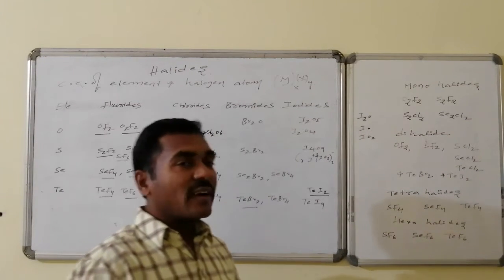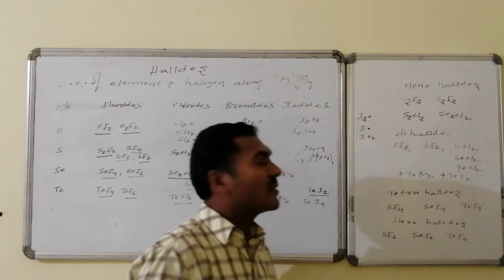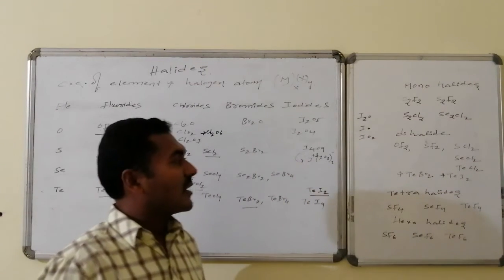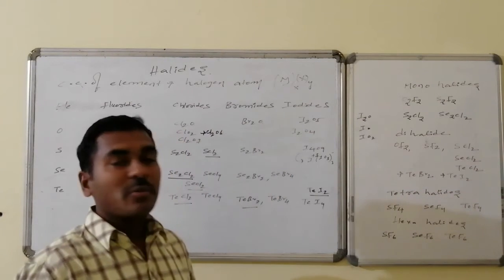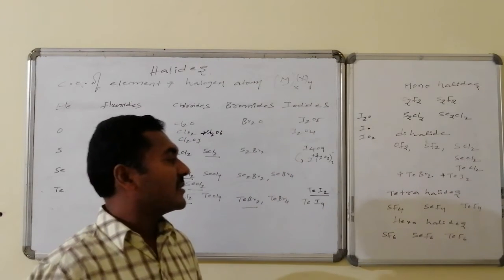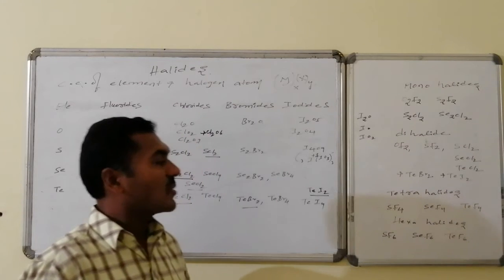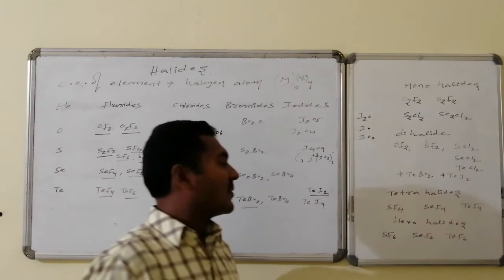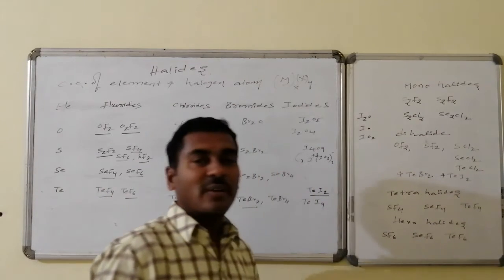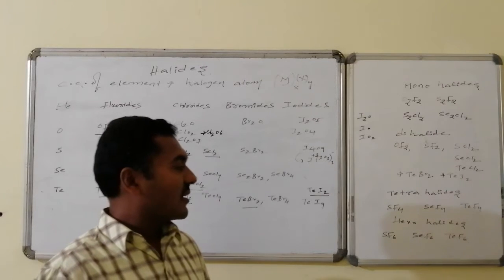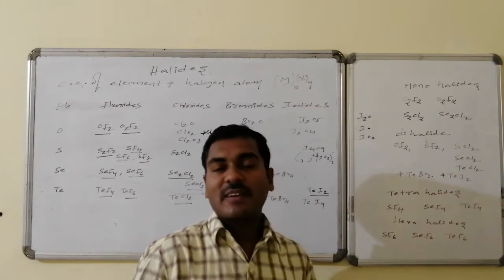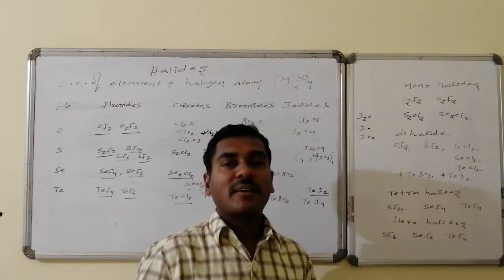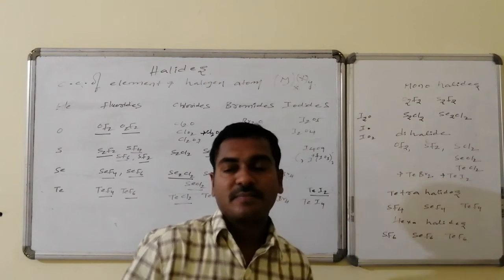The important dihalides are oxygen difluoride, sulfur dichloride, selenium dichloride, tellurium dichloride, tellurium dibromide and tellurium diiodide. The tetrahalides are generally fluorides, that is sulfur tetrafluoride, selenium tetrafluoride and tellurium tetrafluoride. And the hexahalides are sulfur hexafluoride, selenium hexafluoride as well as tellurium hexafluoride.